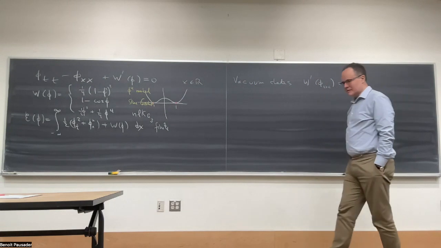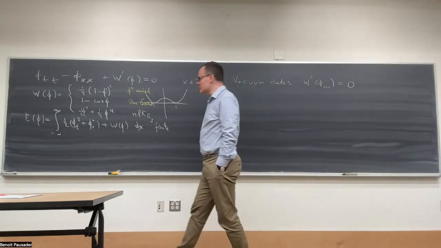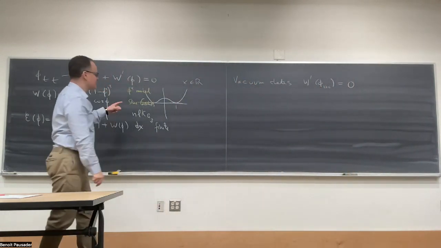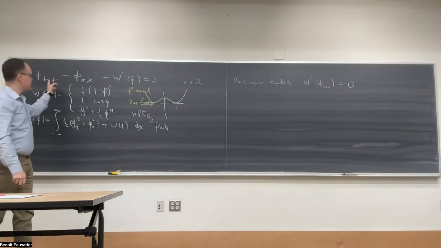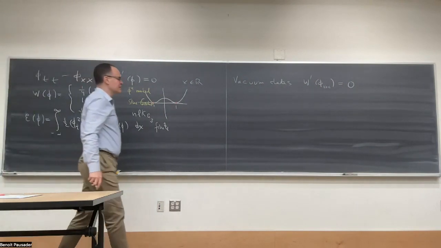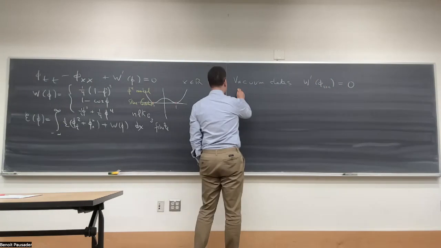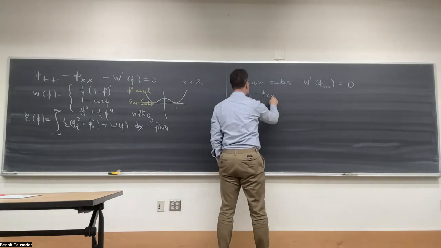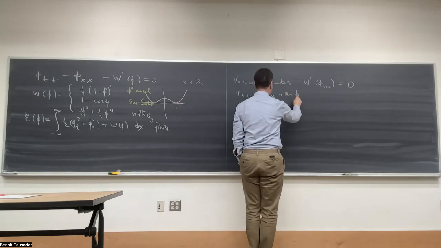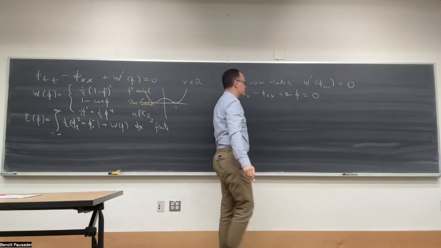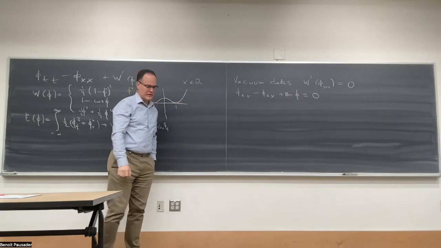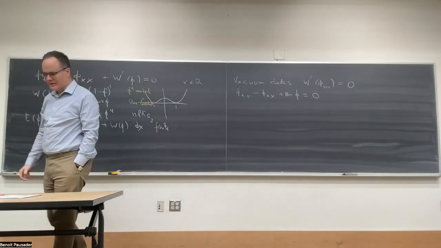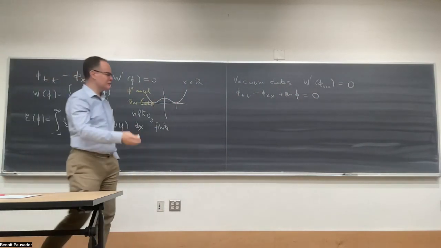Vacuum equals 0. They are constants and of course satisfy therefore this equation. So for sine-Gordon, let me write down the sine-Gordon equation. 0 is such a thing, and then you can ask about stability of the 0 solution.